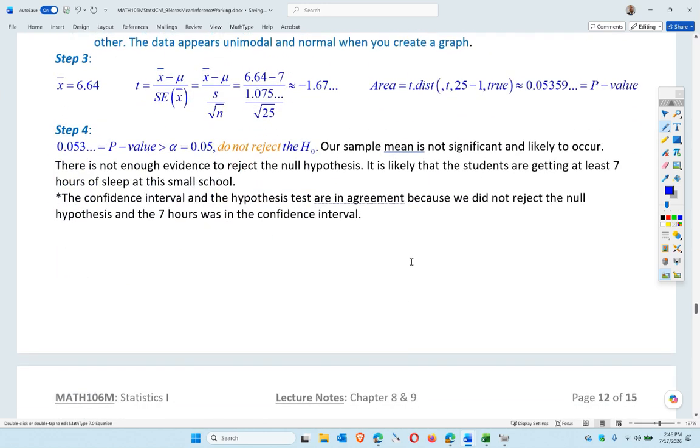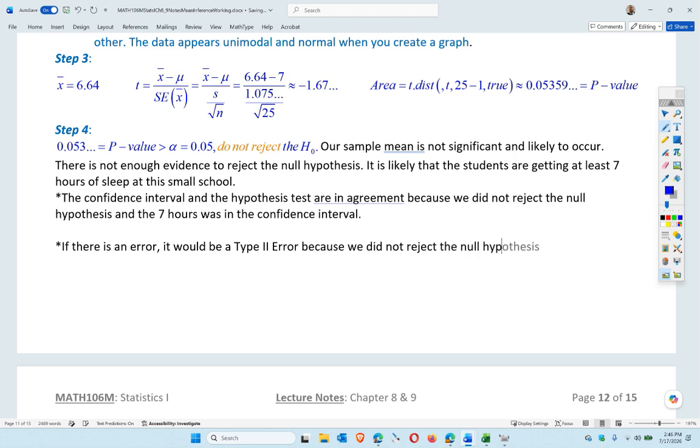Okay, so the last thing is, if there is an error, it would be a type 2 error because we did not reject the null hypothesis when it might be false.